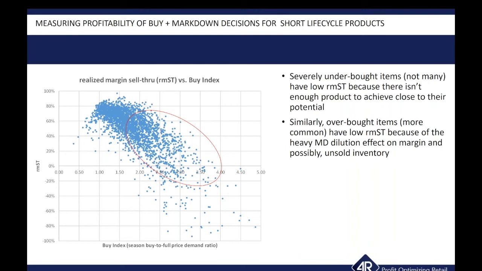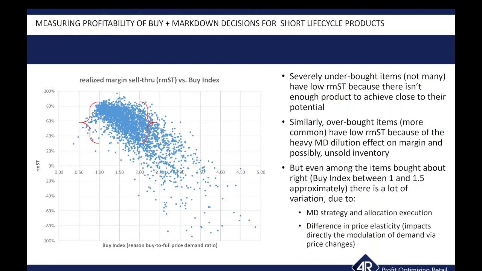So if we look at the center region, approximately between 1.0 and 2.0, meaning that the product was bought equally to demand, or maybe no more than 2x demand, in that region, it's possible through markdowns to achieve a reasonably good realized margin sell-through.